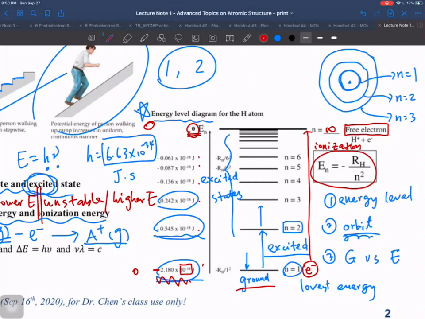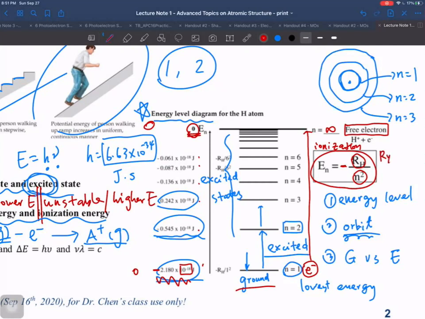En means the energy of the electron when the electron is in a certain energy level. So n can be 1, 2, 3, 4, 5, right? All of the positive integers. And then it equals negative RH over n squared. RH is a constant called Rydberg's constant.